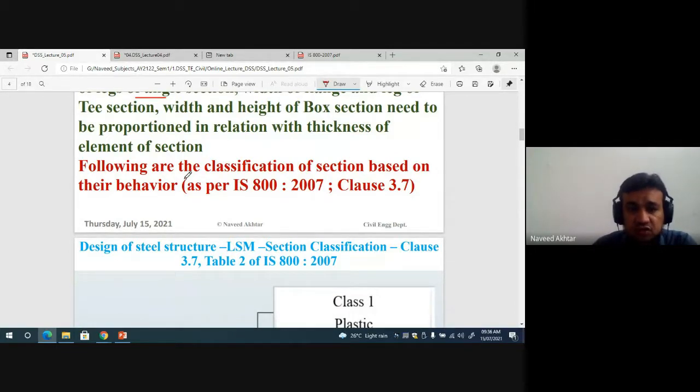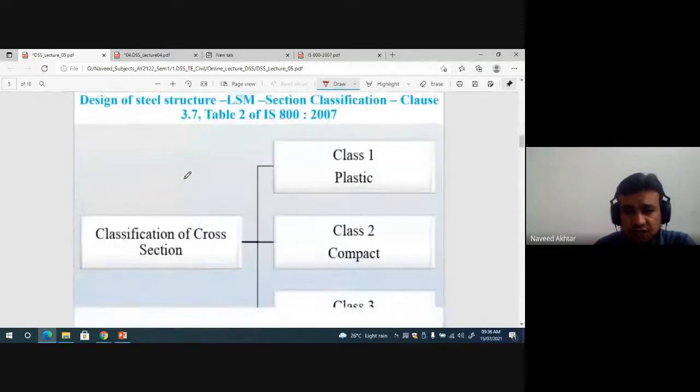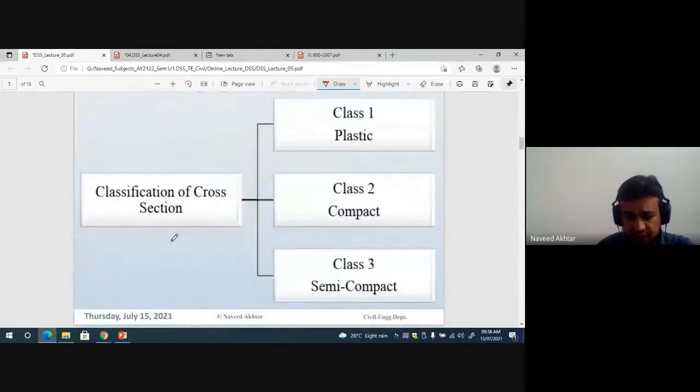I think you can understand, and there are classifications of cross section based on different classes: class 1 plastic, class 2 compact, and class 3 semi-compact.